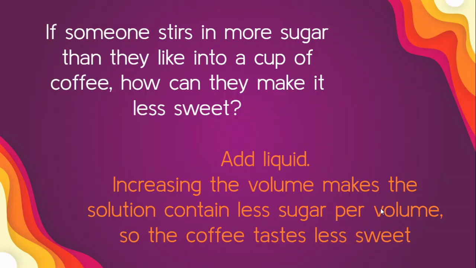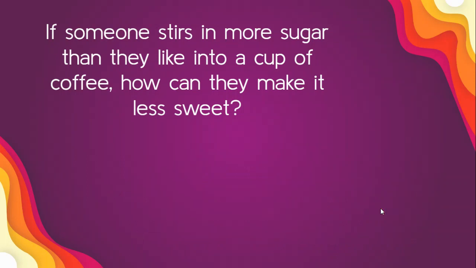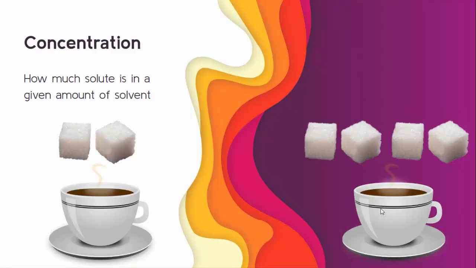If you can increase the volume of the solution by adding solvent, then you will have less sugar per volume of solvent, making the concentration go down so that the coffee will taste less sweet. So if you can remember that concentration is the amount of solute per solvent, if I have way too much solute in the amount of solvent I have, I can increase the amount of solvent to make it less concentrated.